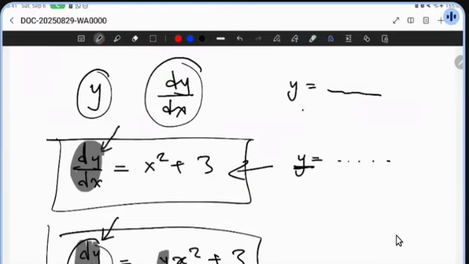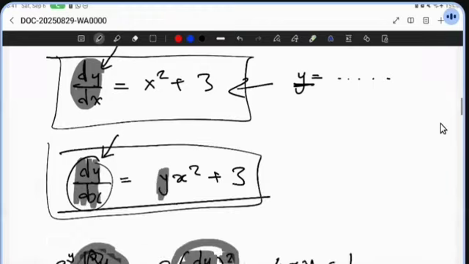Will it satisfy this expression? If it does, then the expression you were given can be taken as a solution to the differential equation. I hope that part is okay. Any questions up to that point?